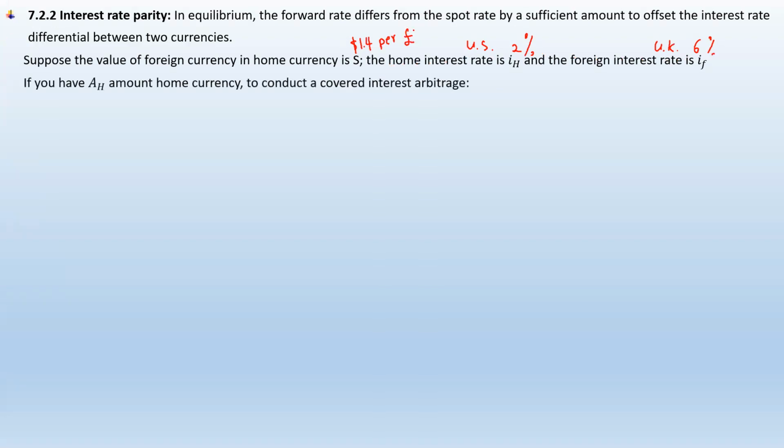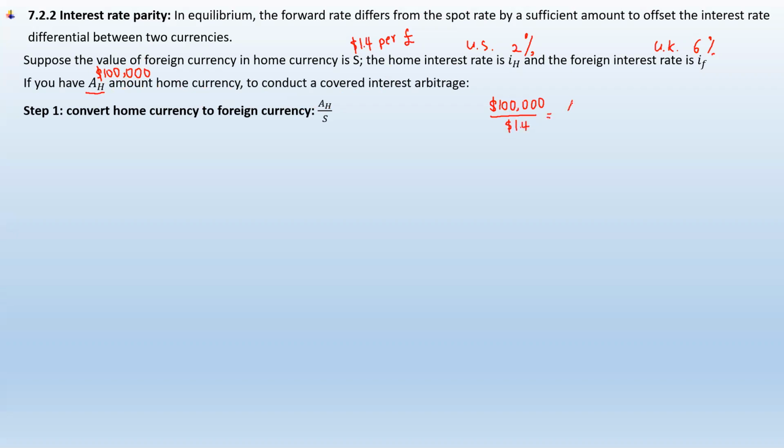And you have AH, which, do you still remember, in our example is 100,000 US dollars. We label this 100,000 US dollars as AH, the home amount. To conduct a covered interest arbitrage, we first convert our home currency, which is US dollar, to foreign currency. Remember, the British pound amount is the US dollar amount divided by 1.4, which is the spot rate.